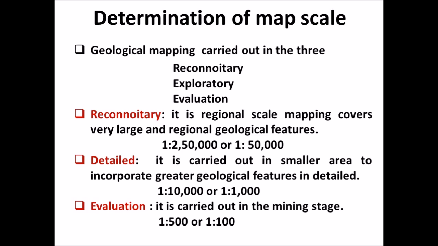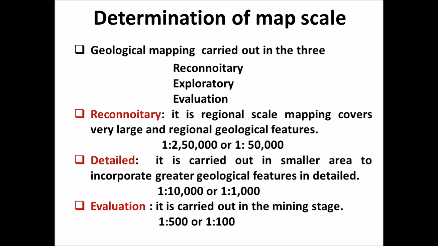If we take a very large area with a small scale, let's say 1 to 250,000 scale or 1 to 50,000 scale, this will cover a regional area. So this is basically regional scale mapping. It will cover the regional geological features.